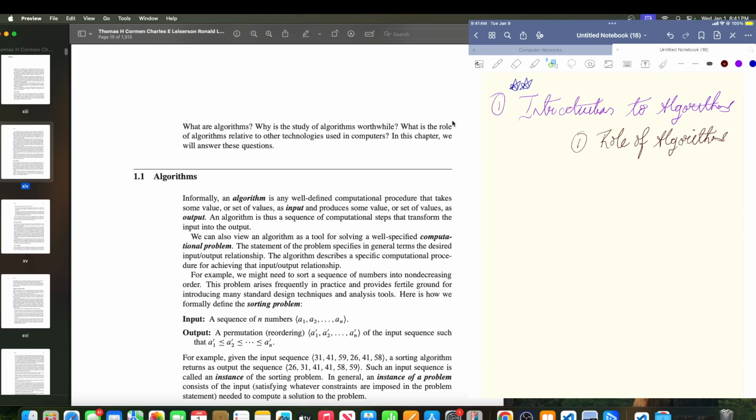We can say this is an algorithm. It will have some type of input, and it will give an output. This is basically a set of instructions, or a procedure.